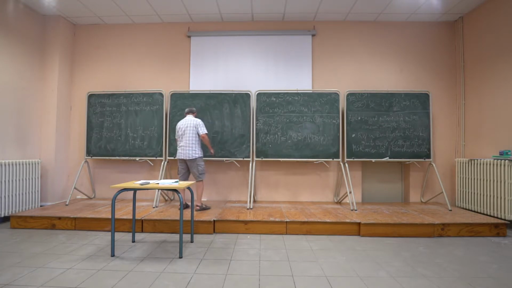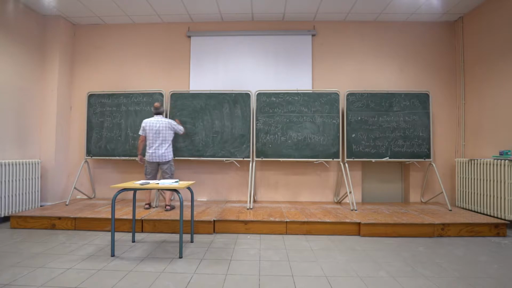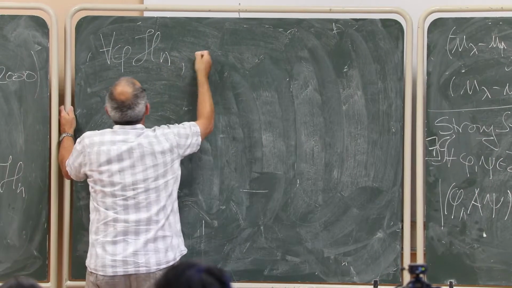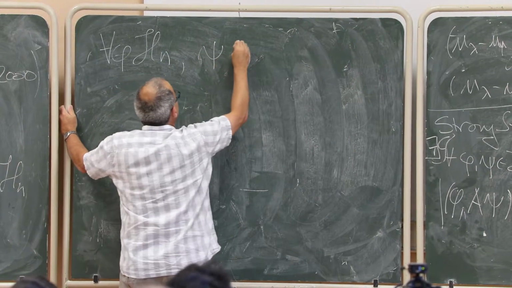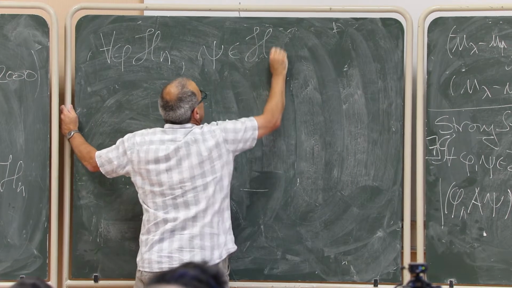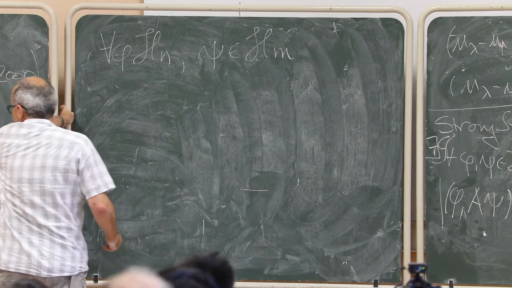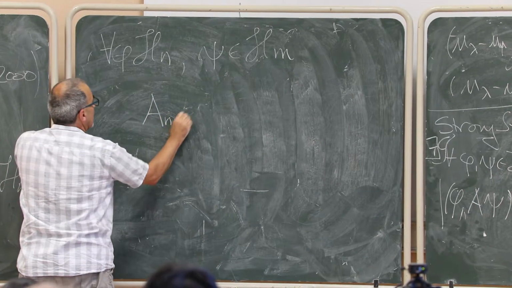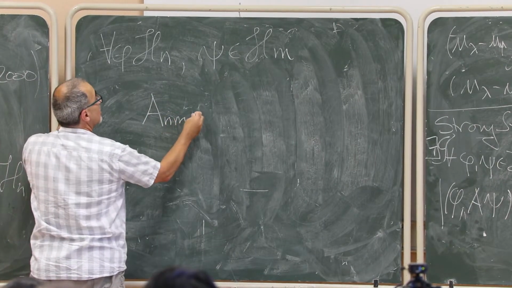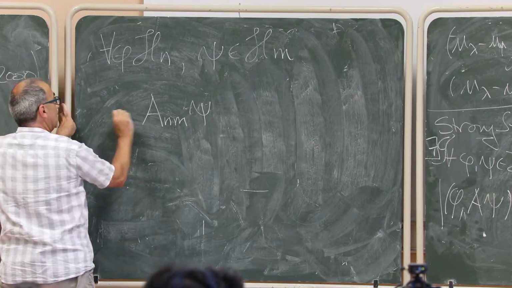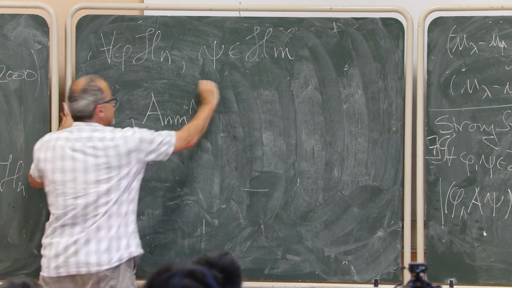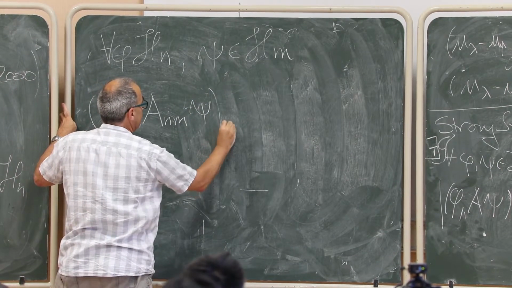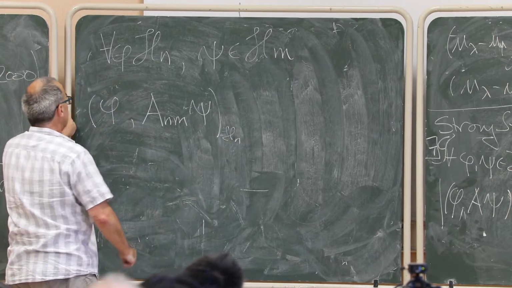That for any, say, phi in Hn and psi in Hm, now let me see, A and M psi, phi, and this is scalar product in Hn.